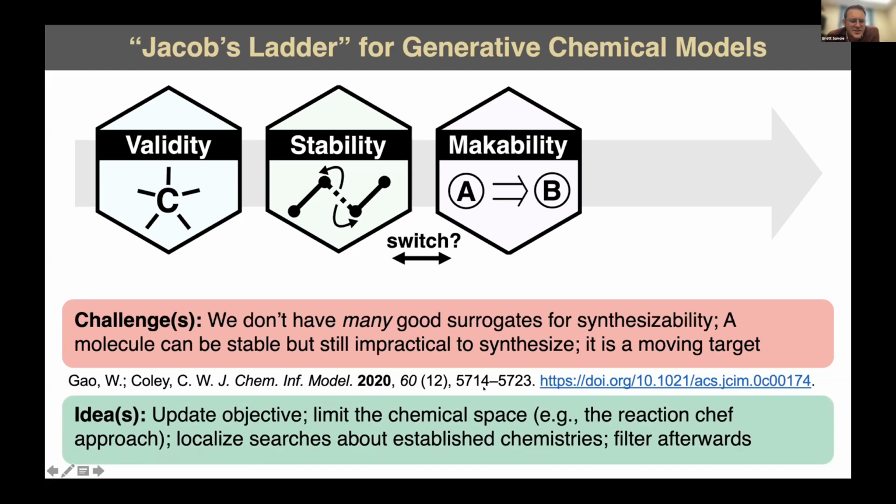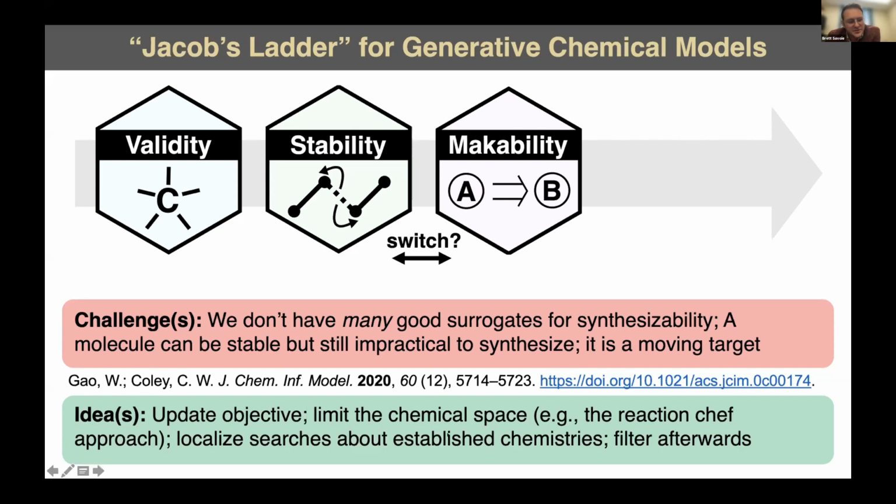So I'm going to come back to the reaction chef approach, which I think Connor also alluded to. The idea here is that we limit our chemical space to things that are plausibly generated from commodity chemicals, or things that we know can be easily produced. That circumscribes things at the beginning, and we try to then build a generative model on top of that.